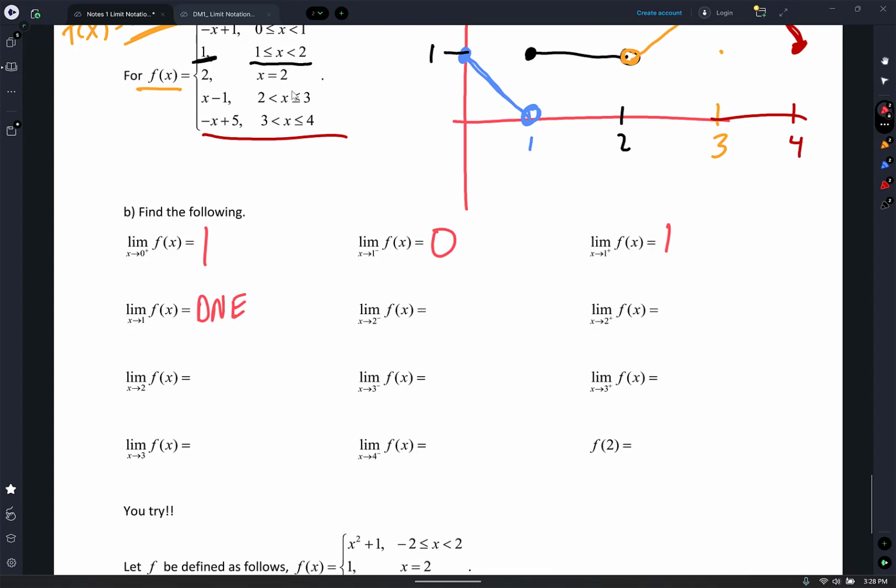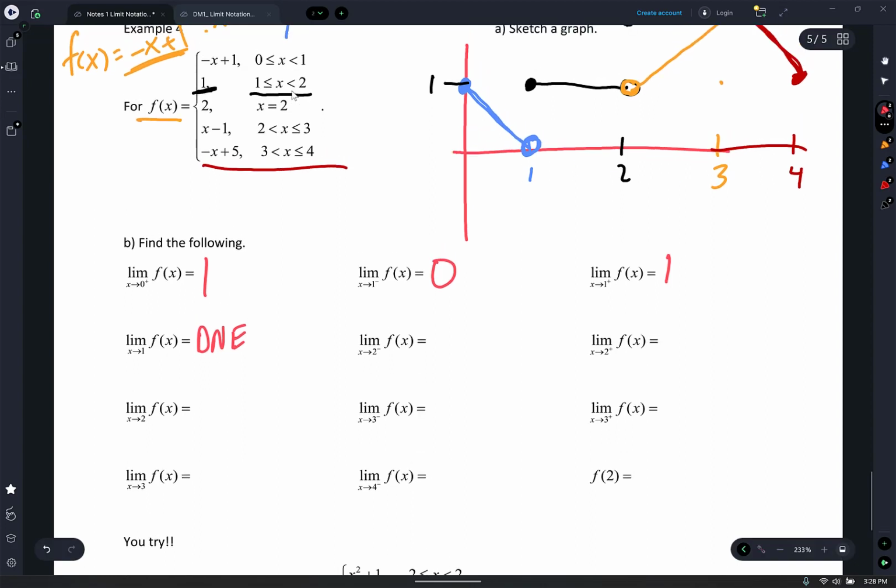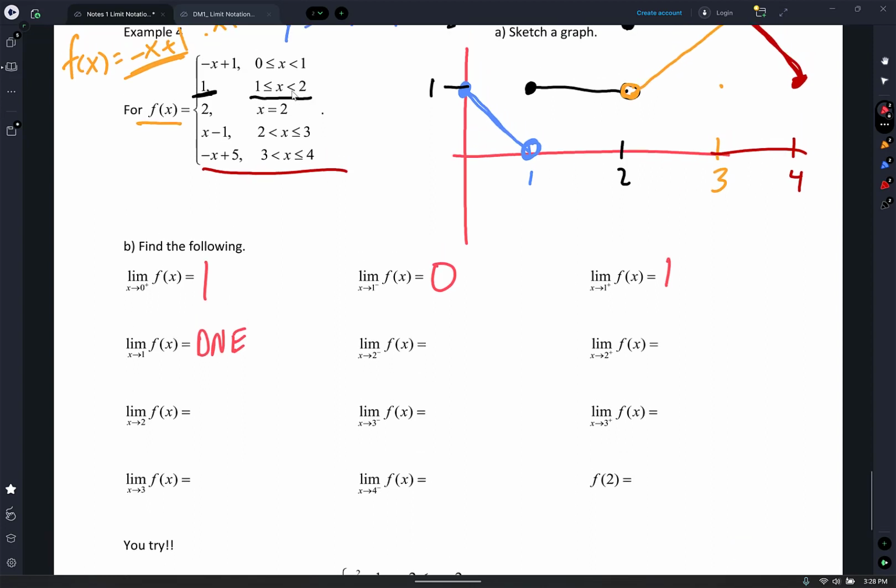All right, De Leon, give me the next one. Of f of x, what is it? Yep, it's 1. Hey, give me the next one, De Leon. All right, Rodriguez.